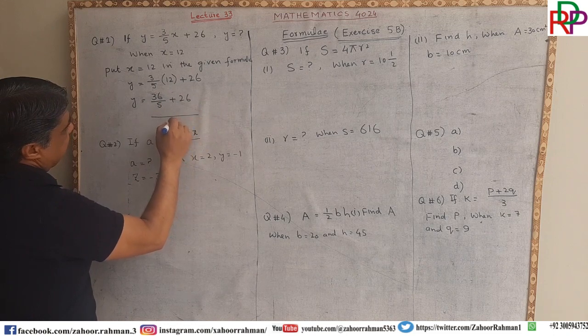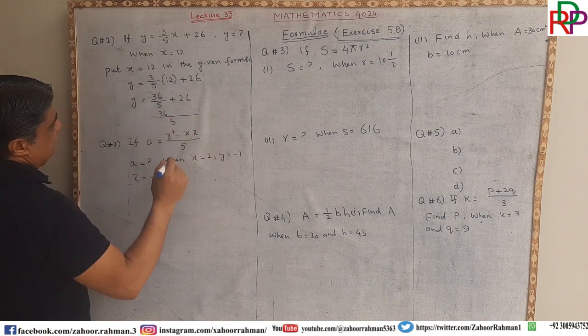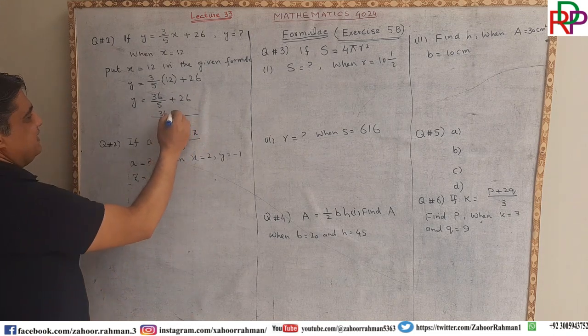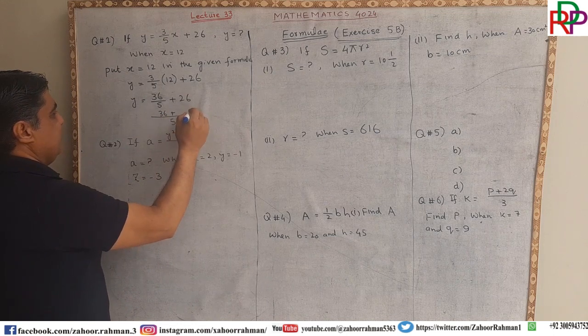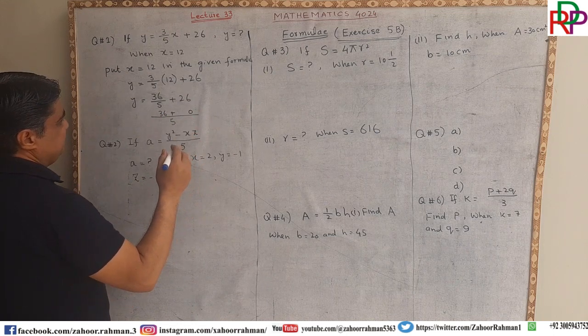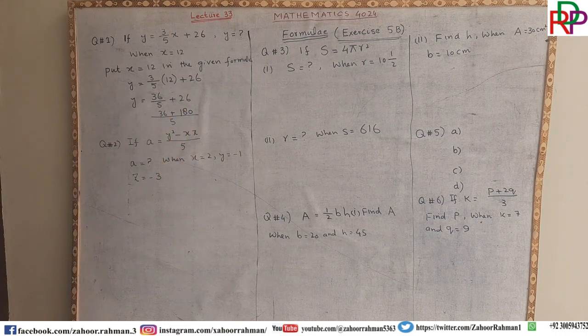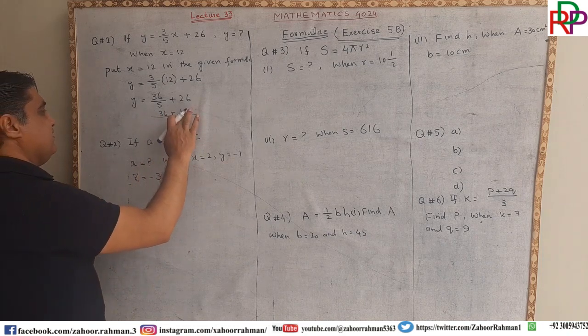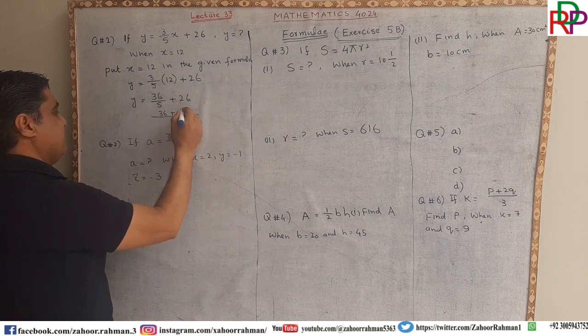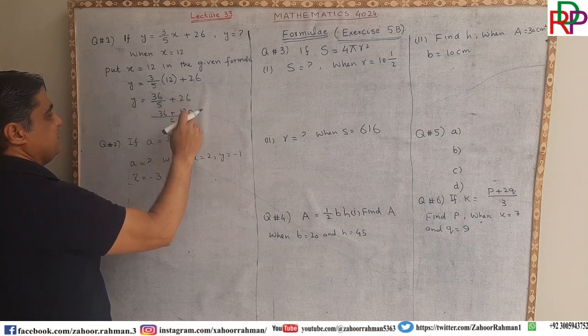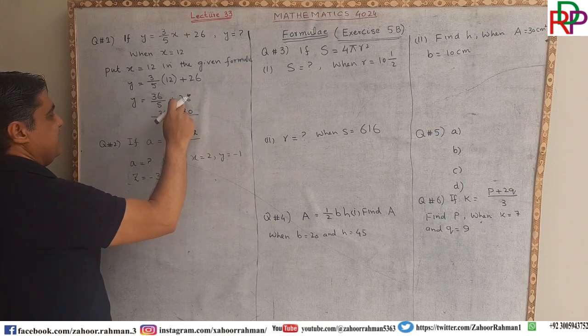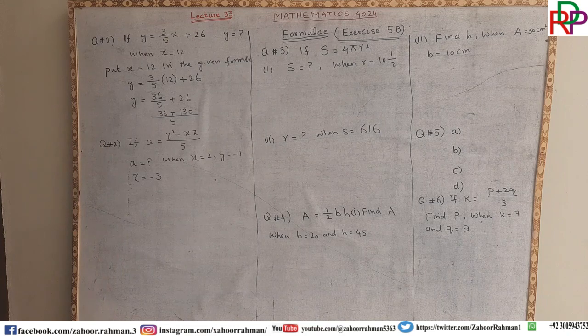I am taking 5 as the LCM, and when I multiply this 26 by 5, we get, no, not 180, 100, and 5 6s are 30, 5 2s are 10, 10 and 3, yes, 130.